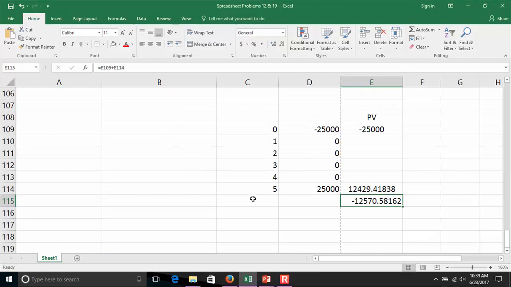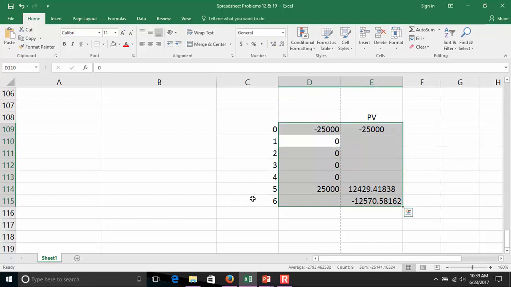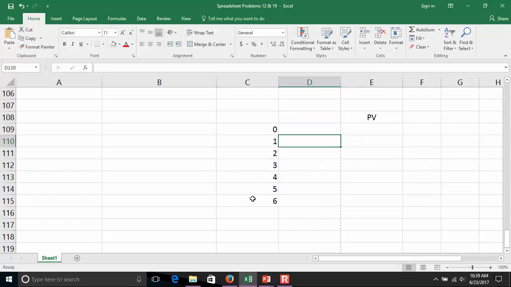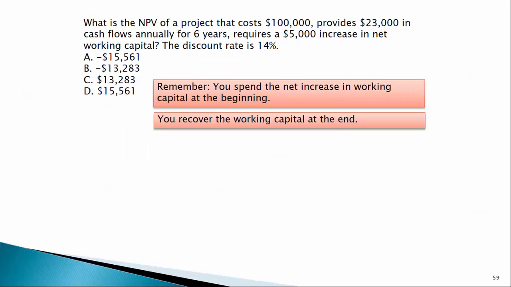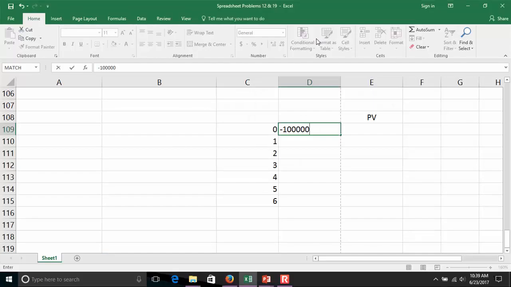I can use the same template here and just add a 6 to that. So we're going to spend at the beginning $100,000 to buy the project, but we also have to spend $5,000 to get the net working capital. So minus 5,000 net working capital. So we're going to spend $105,000 at the beginning.